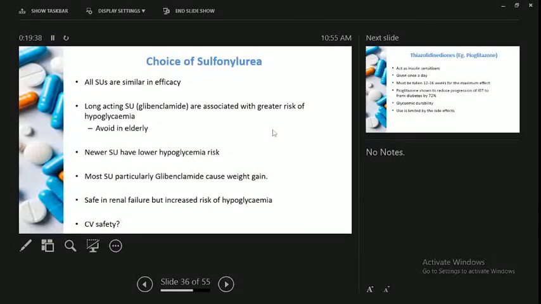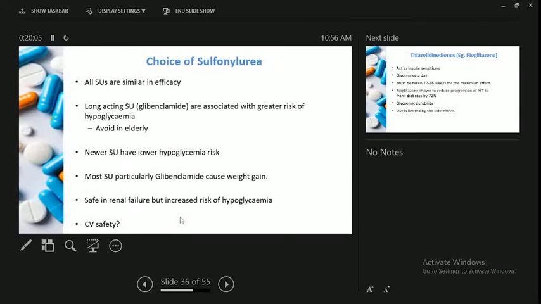So I will skip this given the time. The sulfonylureas are all similar in efficacy, but the problem is longer acting ones like glibenclamide might have hypoglycemic risk, but the newer sulfonylureas are having less risk of hypoglycemia. Another problem with sulfonylurea is they can cause weight gain. That's why we didn't consider this in our earlier patient.